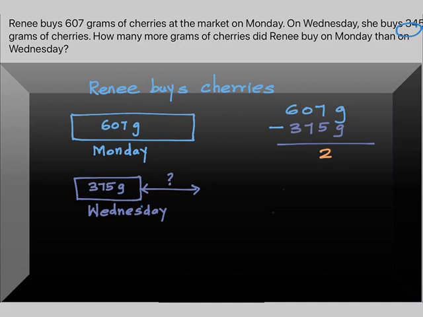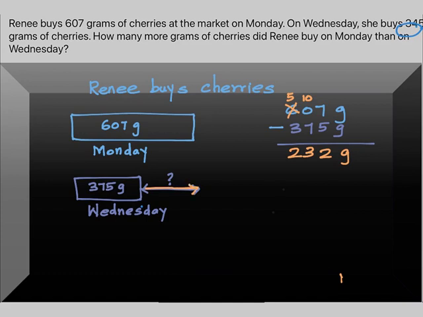I cannot subtract a bigger number from 0, so I have to unbundle from the hundreds. So I'm unbundling this 6, so it becomes 5 hundreds, and I'm bringing 10 tens to this side. So 10 minus 7 is 3, and 5 minus 3 is 2. So the answer is 232 grams.